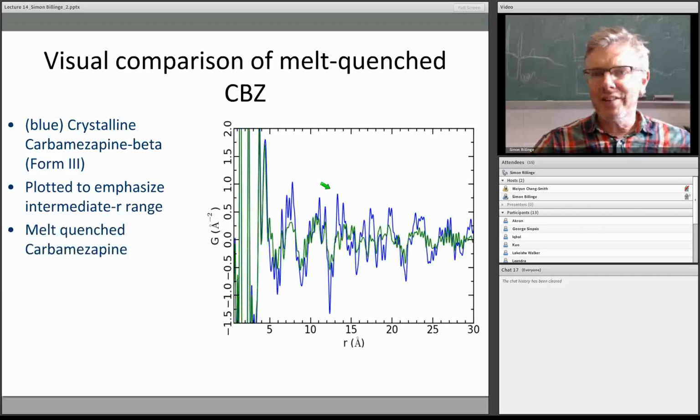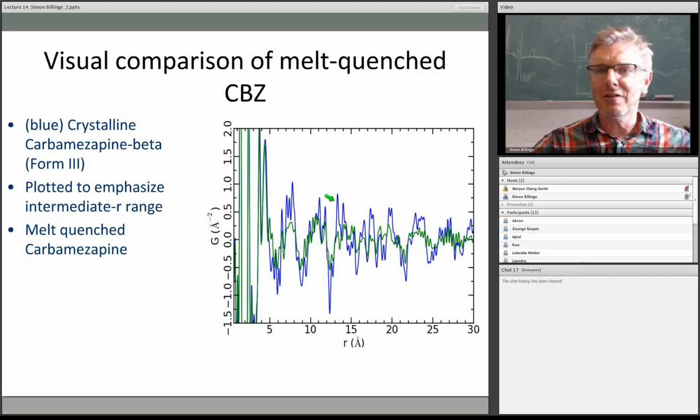And if we plot on top of it the melt-quenched form, you see it actually looks very, very similar to the gamma crystalline form. So the melt-quenched form is green, the gamma crystalline form is blue, and the only difference is that the intensity of the green peaks is falling off. And that's again because it's a nanocrystalline material.